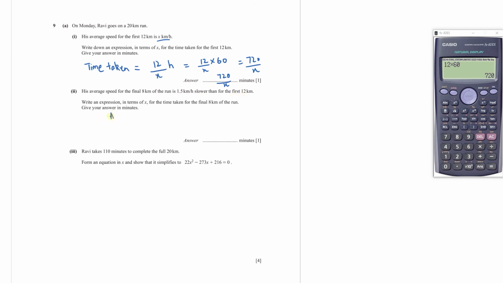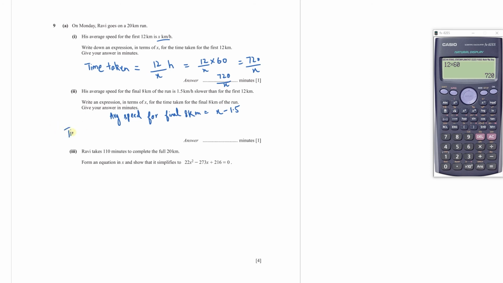So the average speed for the first 12 kilometers is x, and the average speed for the next 8 kilometers is 1.5 kilometers per hour less than this x. So x minus 1.5. Write an expression in terms of x for the time taken for the final 8 kilometers of the run. Give your answer in minutes.